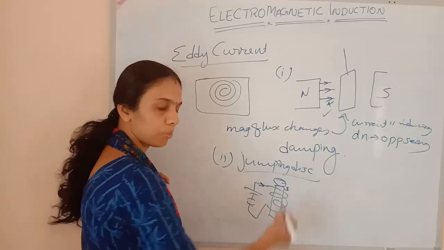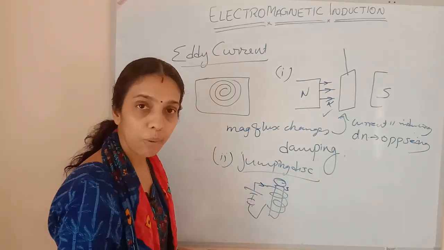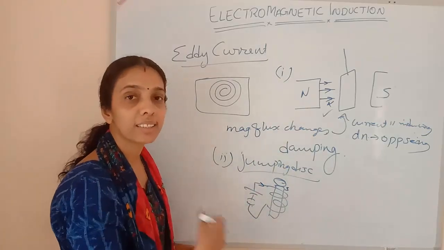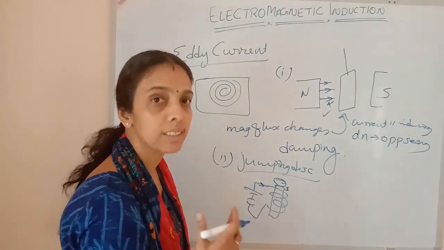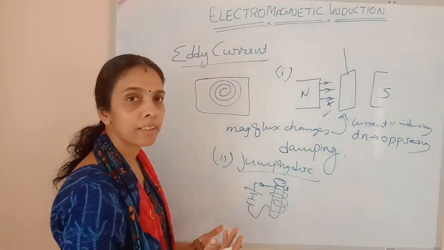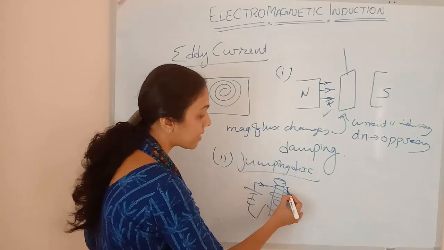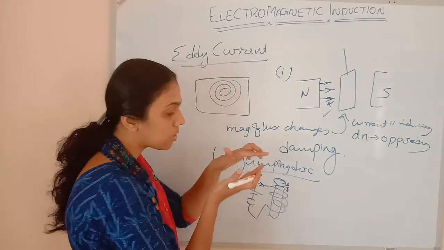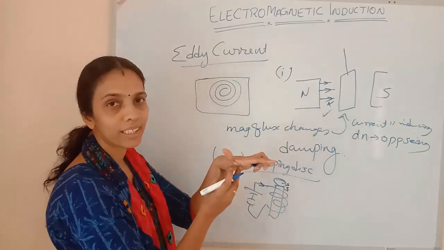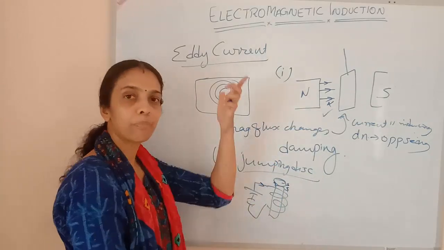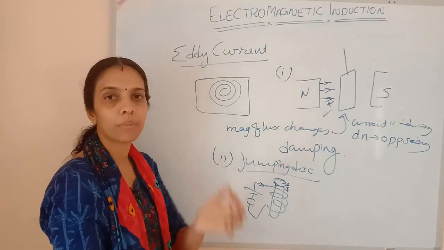Suppose this is the south pole. When I press the key, the magnetic flux linked with the circuit changes, so an EMF is induced in the coil. The downside of the disc also gets a south polarity, isn't it? So it gets repelled, and repelled means it will jump from that position.